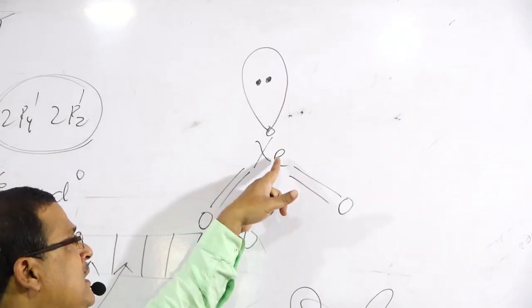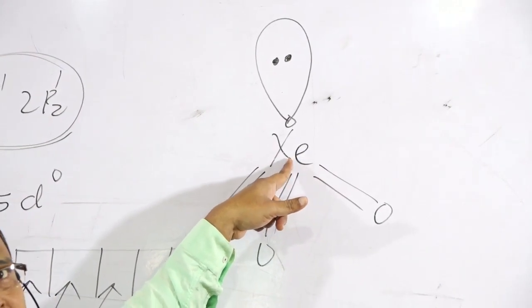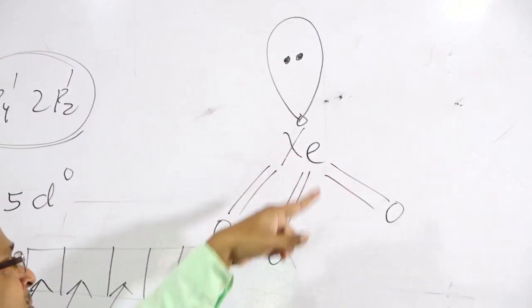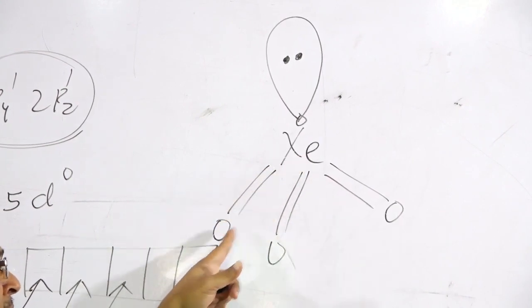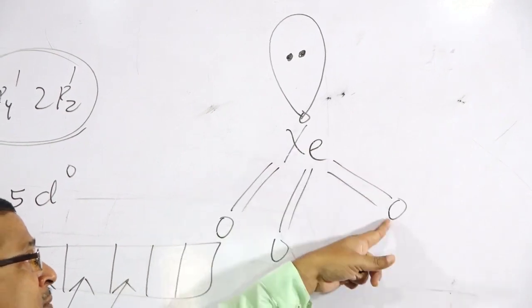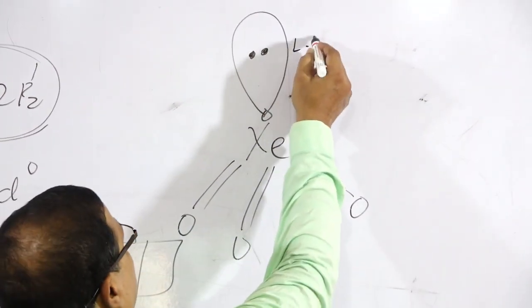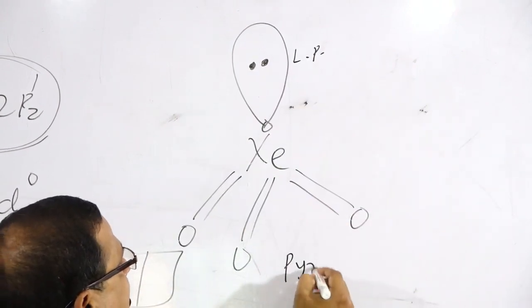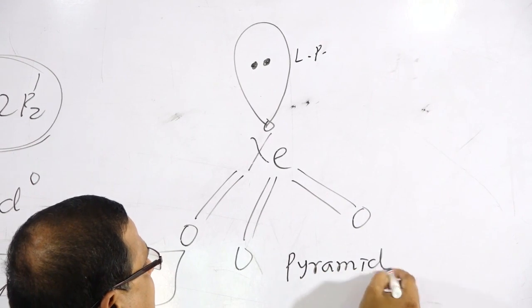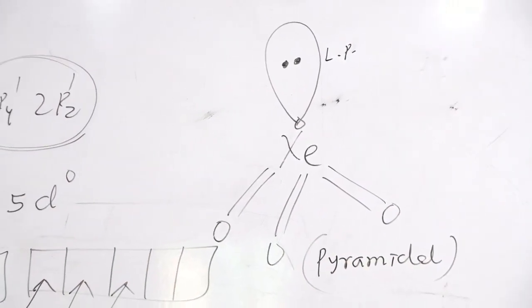Similar to that, the xenon atom is at the center, and it has the pyramidal structure. So xenon at the center, xenon to oxygen double bond, double bond, double bond, and one lone pair. This is the lone pair, these are the bond pairs, and it is pyramidal, just like ammonia.